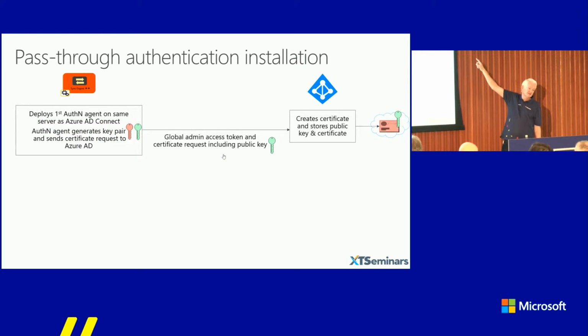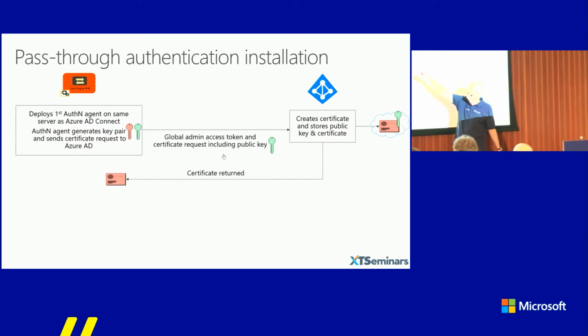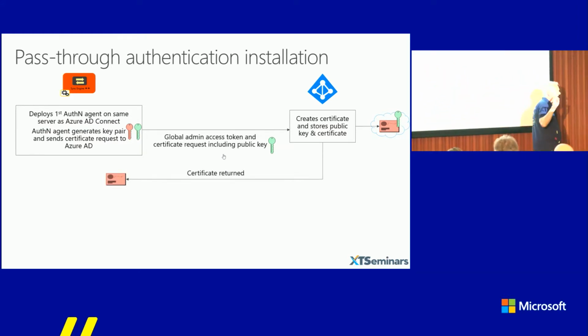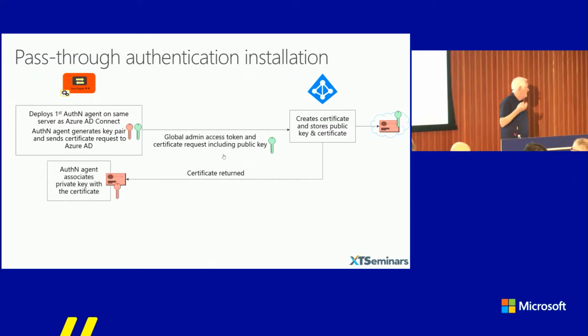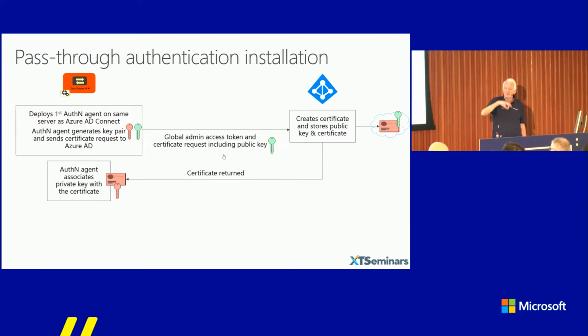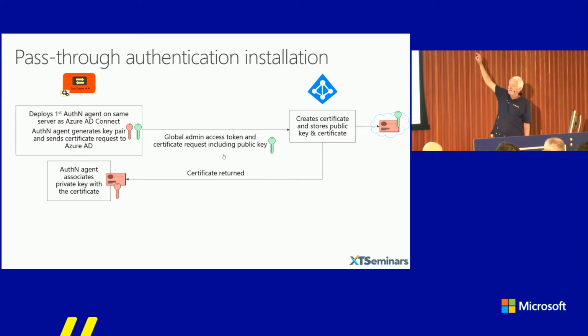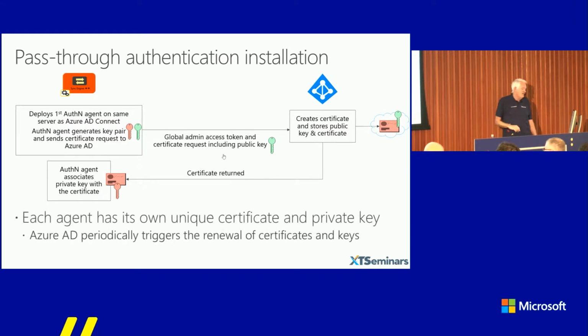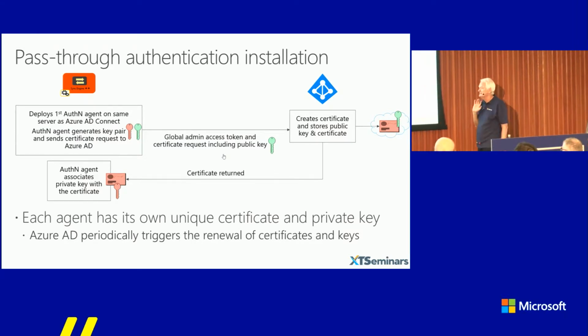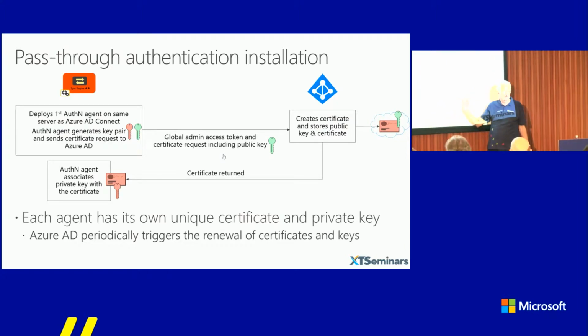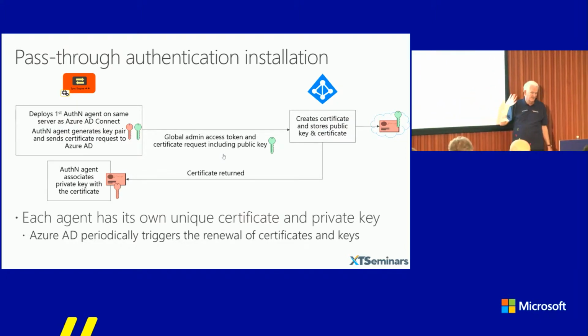The public key is stored in the cloud, right, and we get the certificate generated, which then gets sent back over here, and we marry the key pair back with the certificate. So now on-prem, we have a certificate with a private key. The public part of that certificate is sitting in the cloud. And each agent, so we have multiple agents, each agent has a unique certificate. You don't have to worry about certificate rollover, it's all handled for you. So periodically these certificates get rolled.